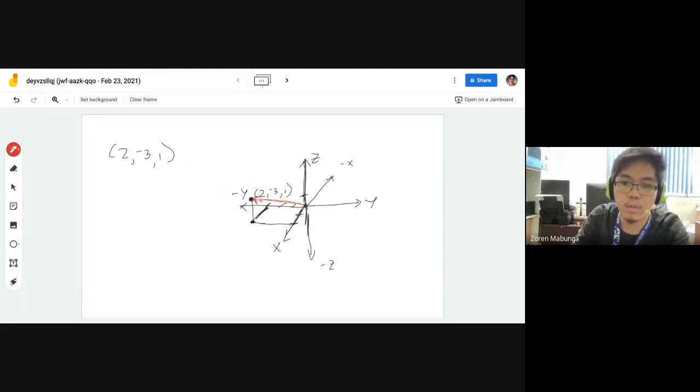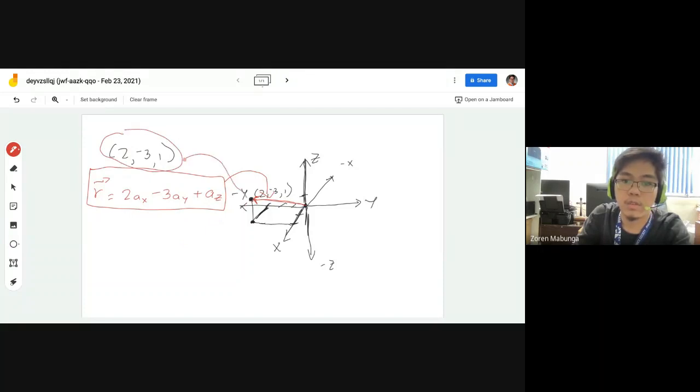So, pag isusulat mo na yung equation ng vector na yan, kung pangalanan natin siya ng vector R, so yung vector R will now be equal to 2ax minus 3ay plus az. So, itong equation na to, nare-represent niya ng arrow na kulay pula. Pero itong point na to, nare-represent niyan lang nung point na yon.